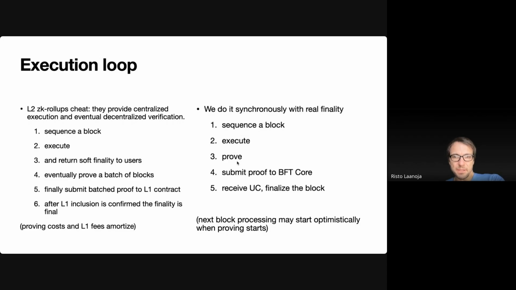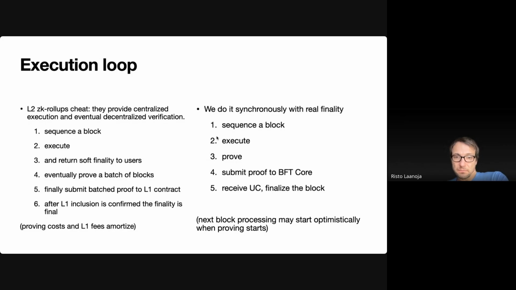And then we submit the proof together with state transfer requests to the BFT core as a usual transaction. Usual with the BFT core, Unicity certificate request is the name of the transaction. And then pretty soon we receive back a UC, Unicity certificate, and can finalize a block.